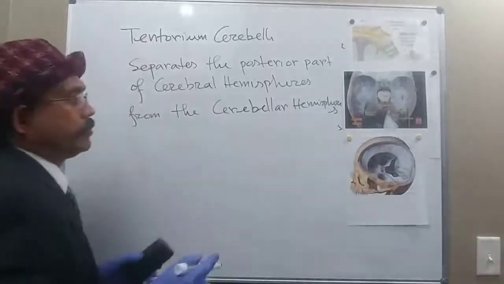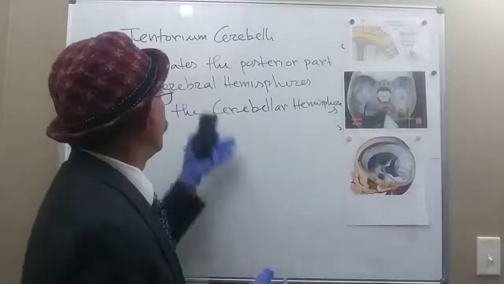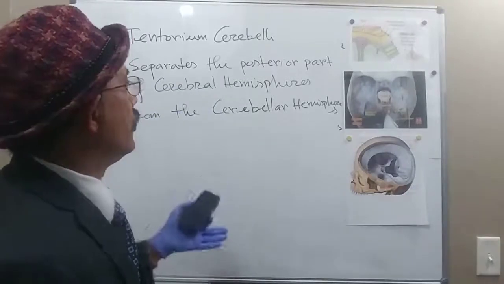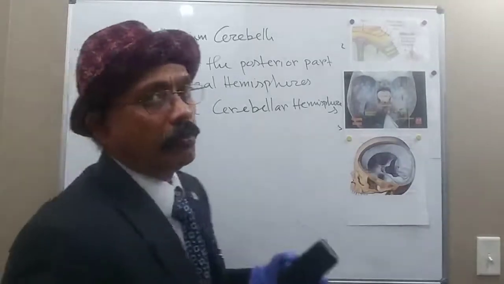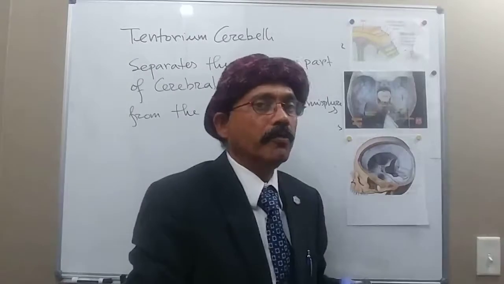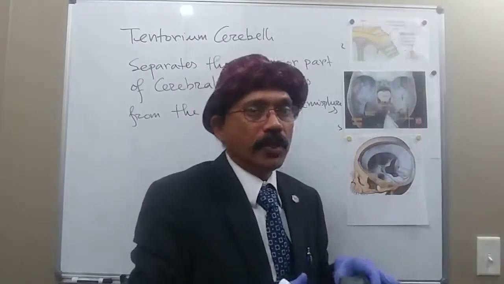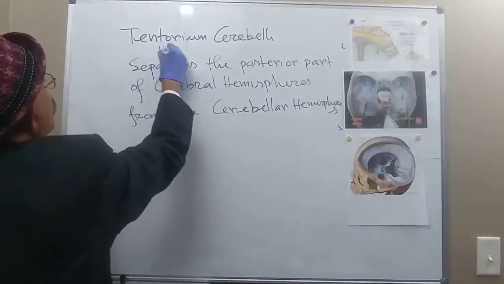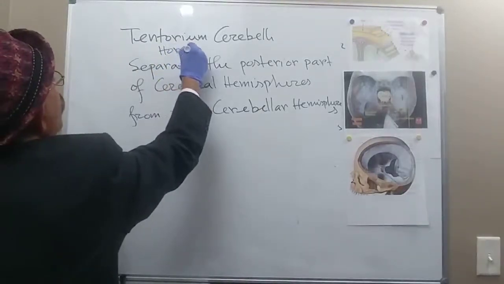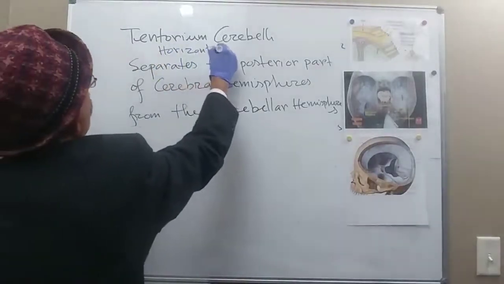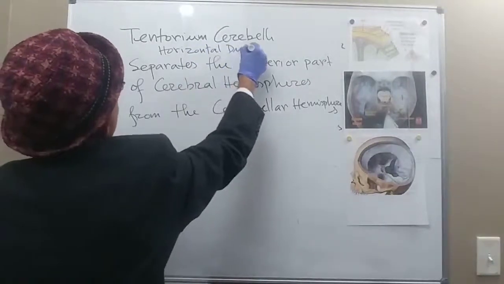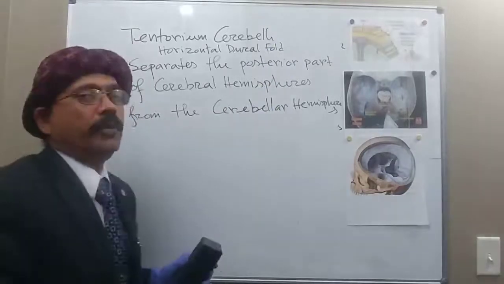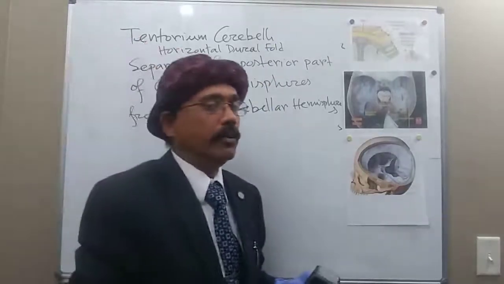We have two hemispheres that form the cerebrum and two hemispheres that form the cerebellum. So it separates the posterior part of the cerebrum from the cerebellum. That is the idea, and this is a horizontal dural fold, again formed by the meningeal layer of the Dura matter.